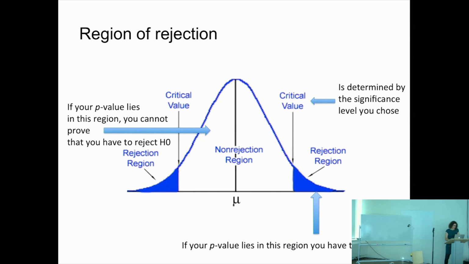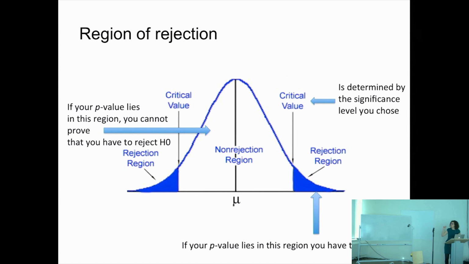In the area of distribution that we call the region of rejection, so that would be the blue area, the tails of the distribution, we accept that the independent variable had an influence on the dependent variable. We do not know for sure, but the likelihood that we are mistaken is low enough to accept this conclusion. It is lower, for example, than 0.05 if that was the significance level that you chose to work with.